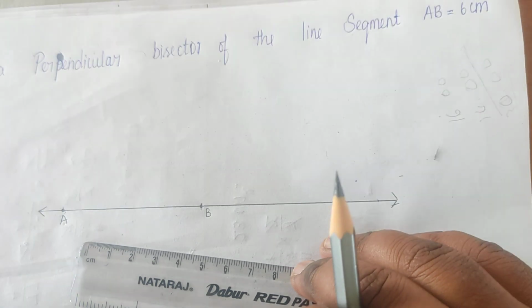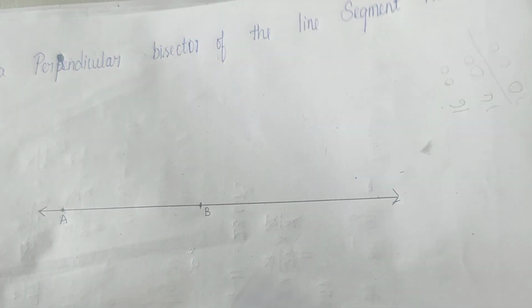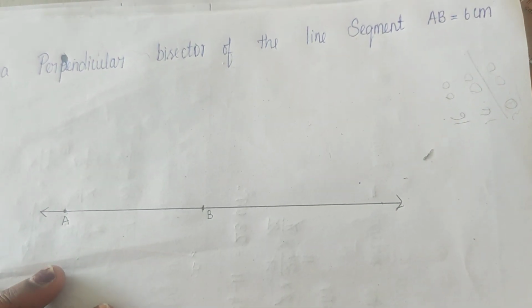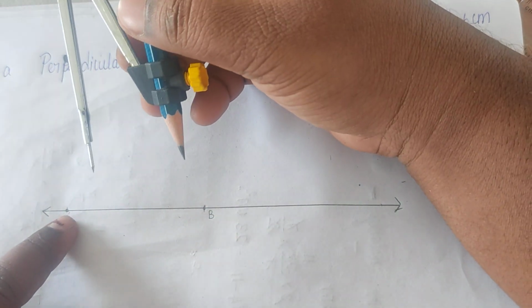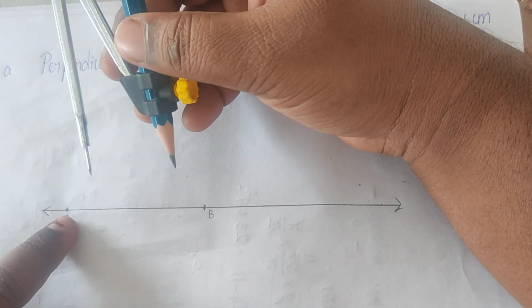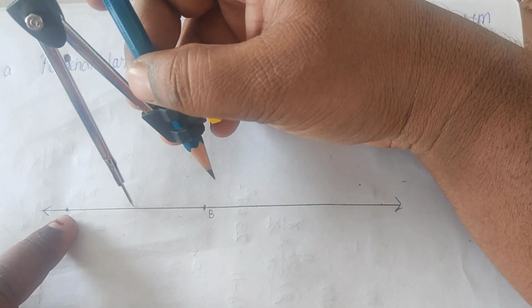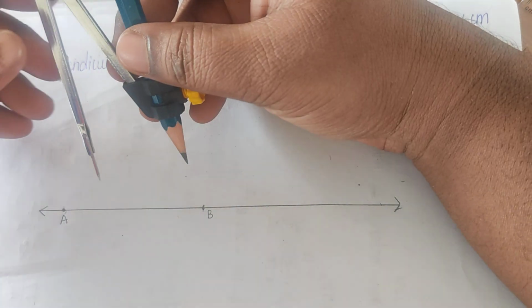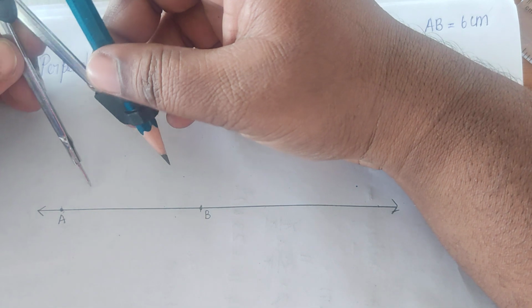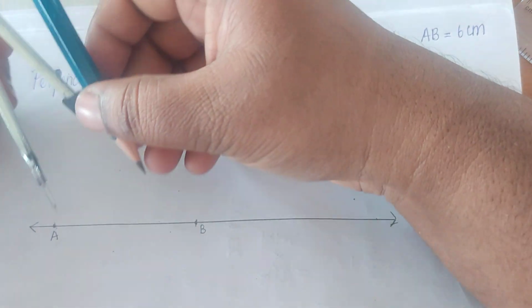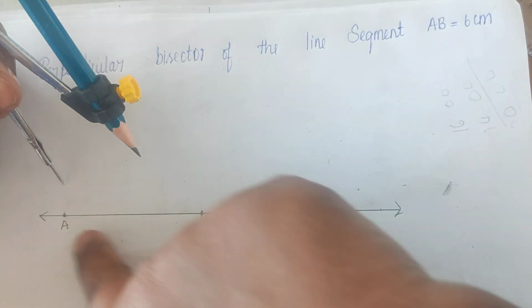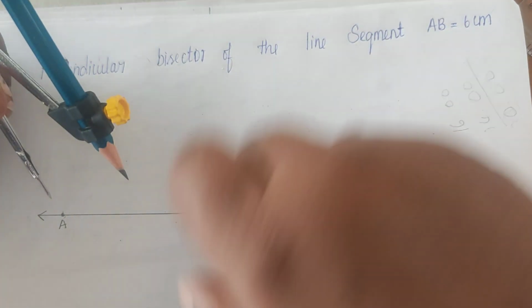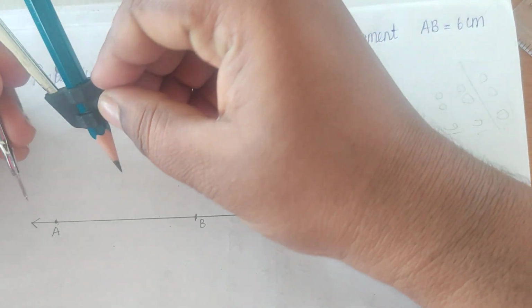Okay, now using a compass, with A as center and radius more than half of the length AB. This line is AB equal to 6 cm.